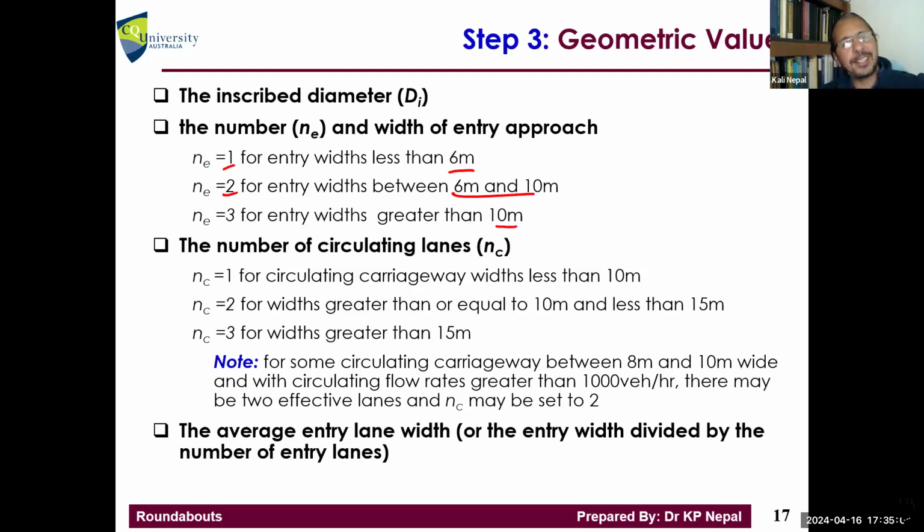Also the circulating lane has different width requirements for different numbers of circulating lanes. In your assignment, just one circulating lane and one entry lane.